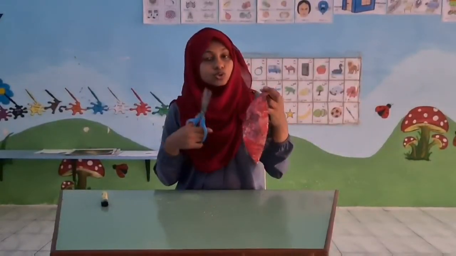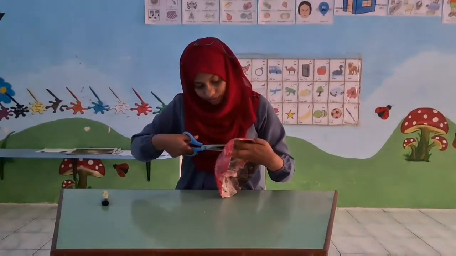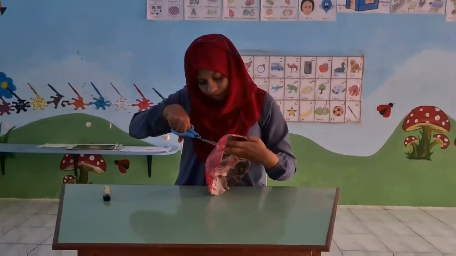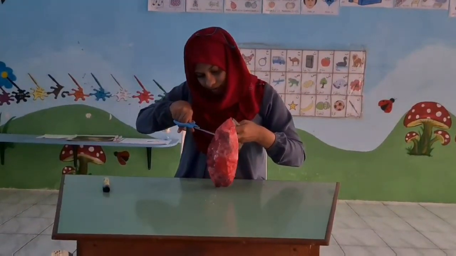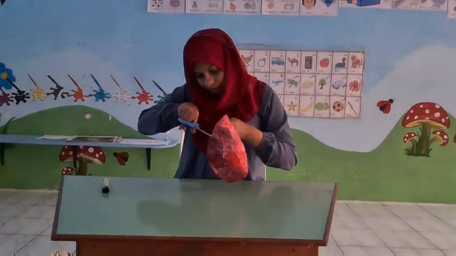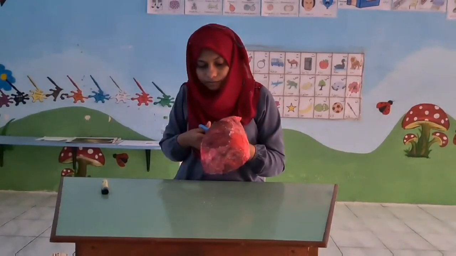Now I am going to cut the eyes using scissors. First I am going to make a small hole here and cut according to the shapes I have drawn.